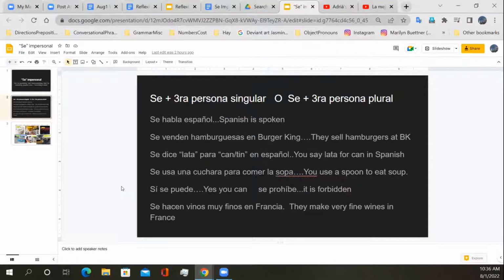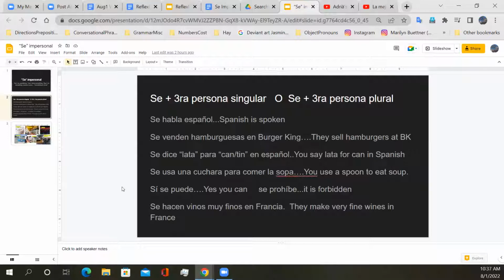Okay, so se habla español, Spanish is spoken. Se venden hamburguesas en Burger King. They sell hamburgers. Really general. In passive voice, we would say hamburgers are sold at Burger King, right? Who's selling them?